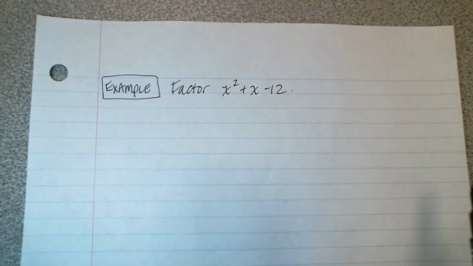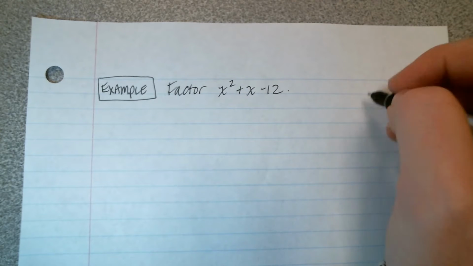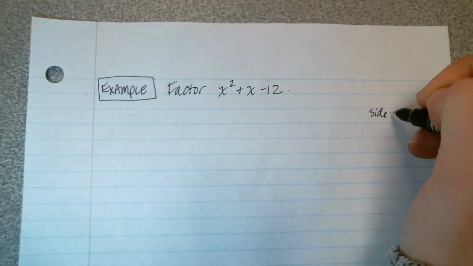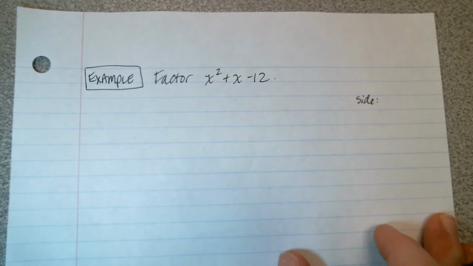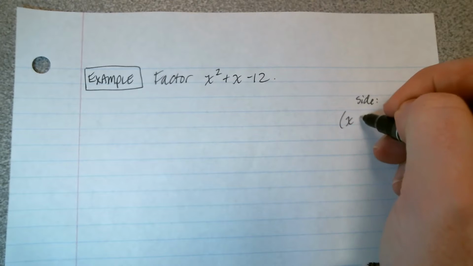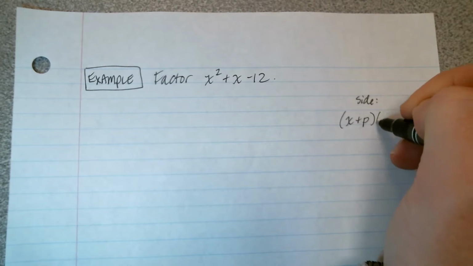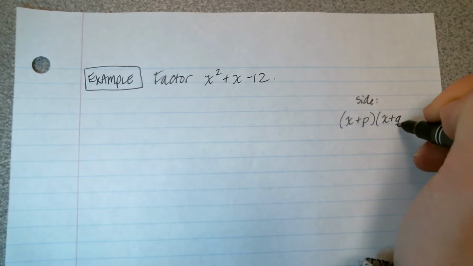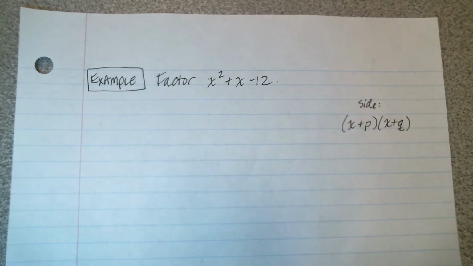So what I'm going to do is off to the side, I know that when I factor a trinomial, it's going to take on the form x plus a number times x plus another number, and I'm using P and Q to represent the places for numbers.